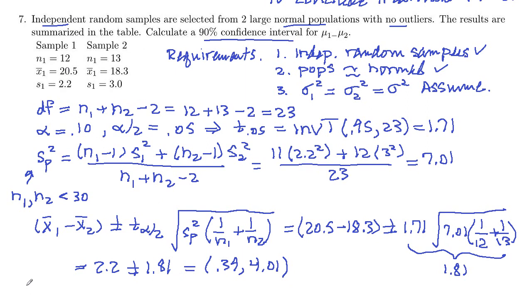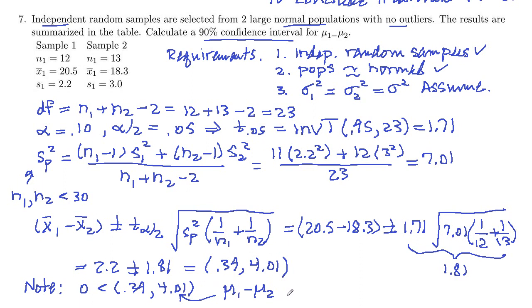Okay, so just to note it, the problem didn't ask this, but note that 0 here is less than the entire interval, 0.39 to 4.01. And that's where the population mean difference should be. So in other words, your mu1 minus mu2 that you're trying to estimate, 90% of the time should be in that interval.